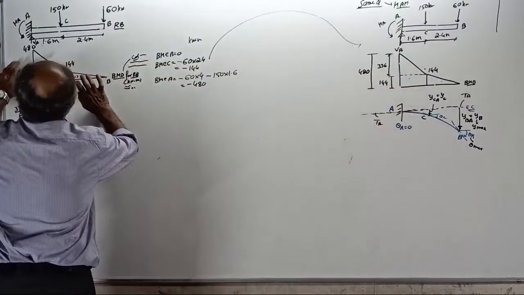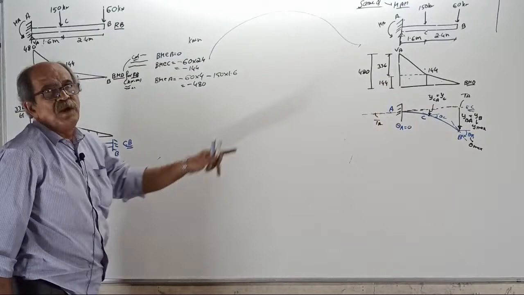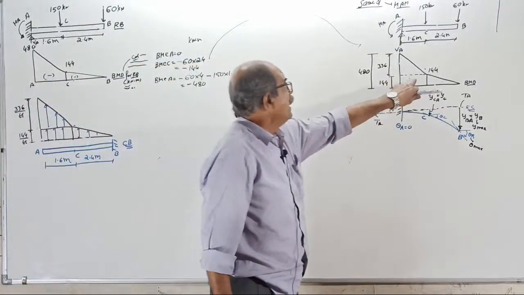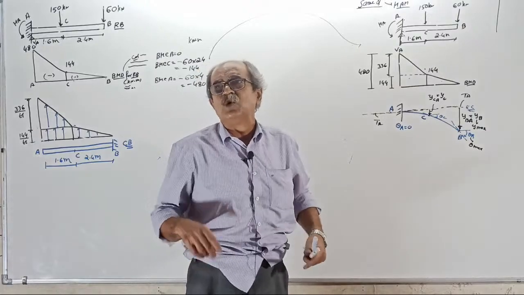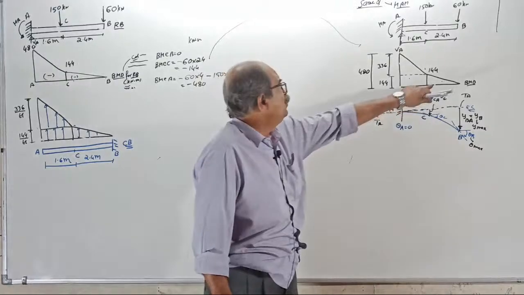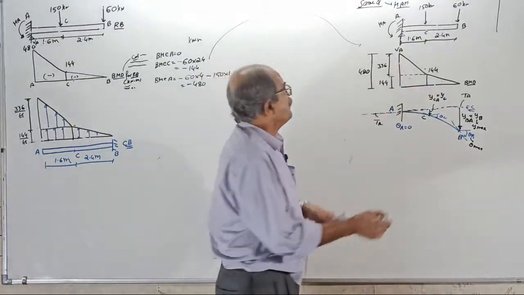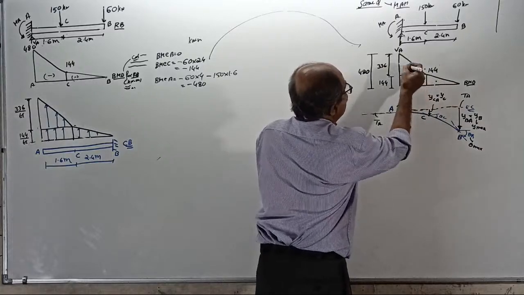Come to the conjugate beam method. Draw the BMD. I told you, in the moment area method, do not use the minus sign here. If you use the minus sign and again use sign for slope, the direction will go wrong. We want only area and CG here. This CG is here, this CG is here, this CG is here.